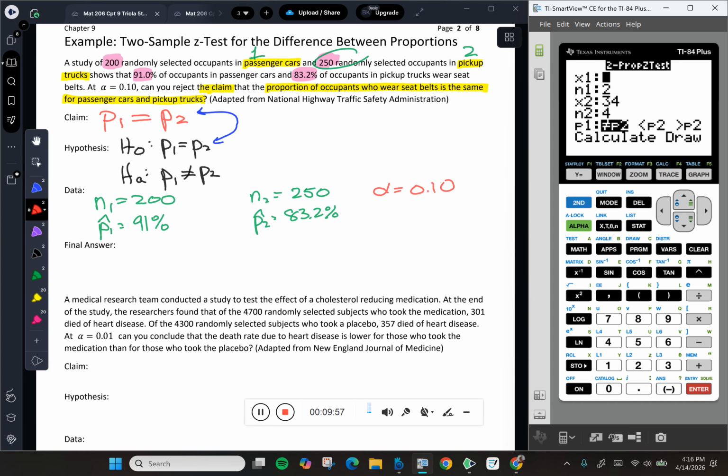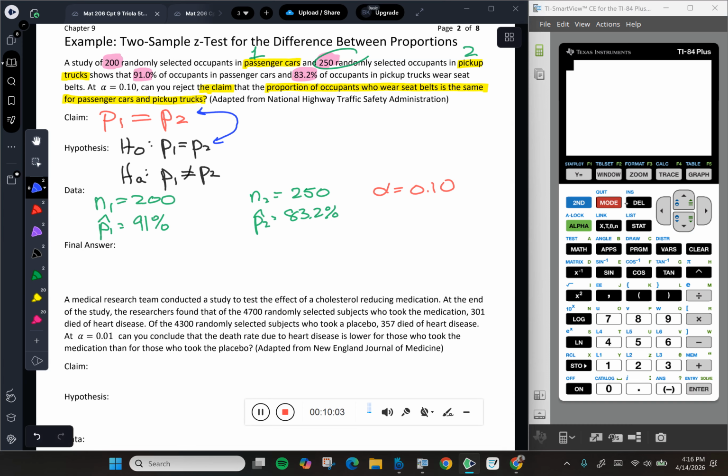So how am I going to get an X1 and an X2? Well, the same way I got them before. I remember that p hat was x divided by n, and whether I put subscript 1 everywhere or subscript 2 everywhere, that formula still holds.